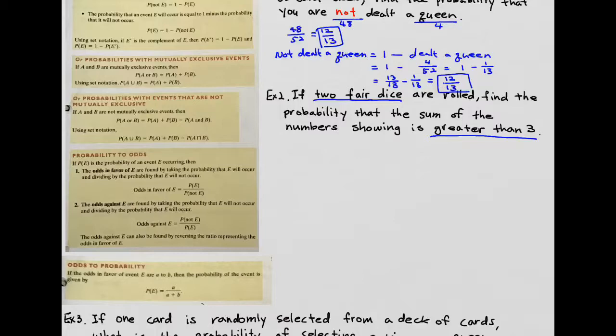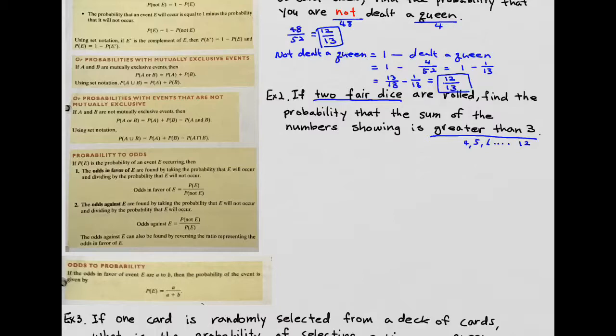So greater than 3 could be 4, 5, 6, all the way to 12. We need to find the probability of getting 4, of getting 5, of getting 6, and all the way to 12.